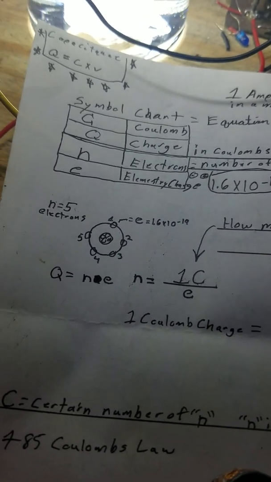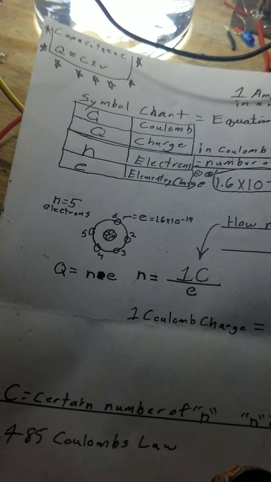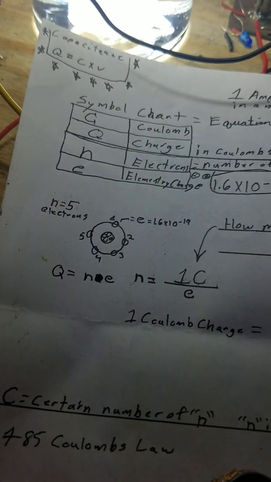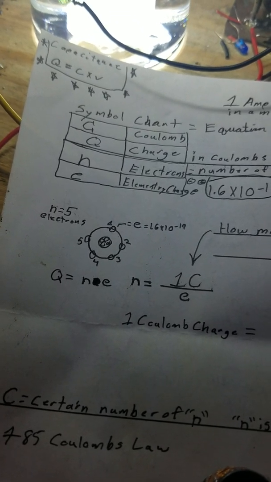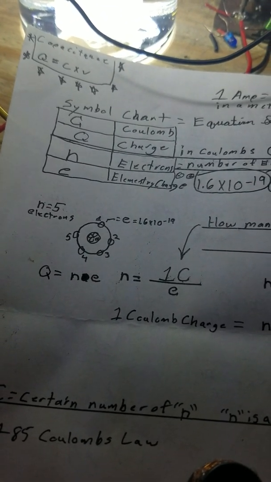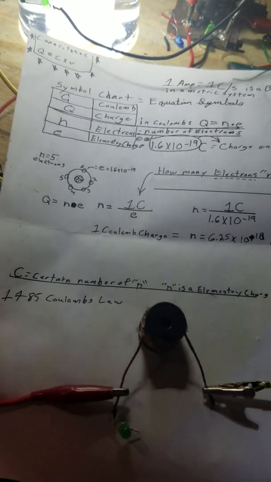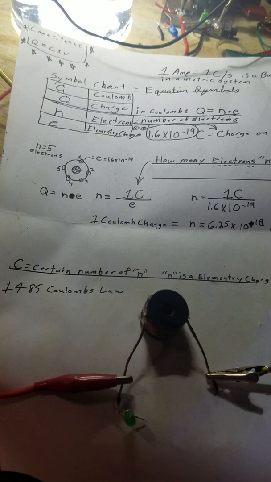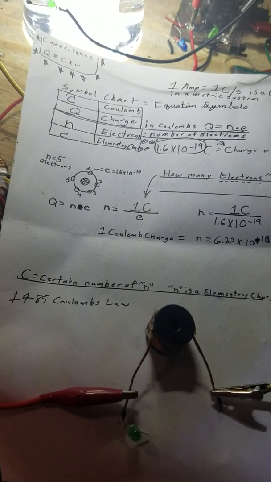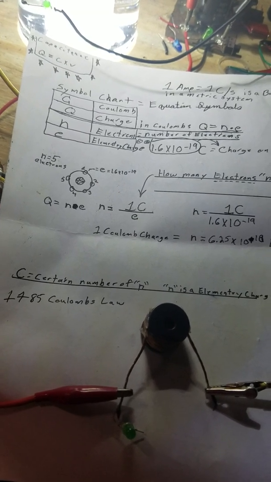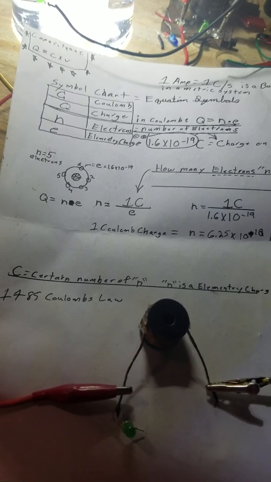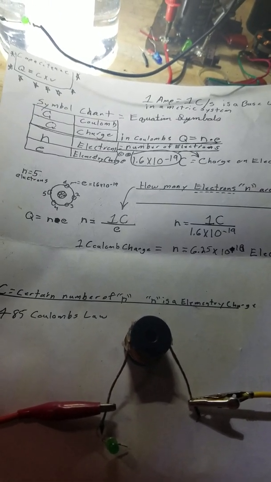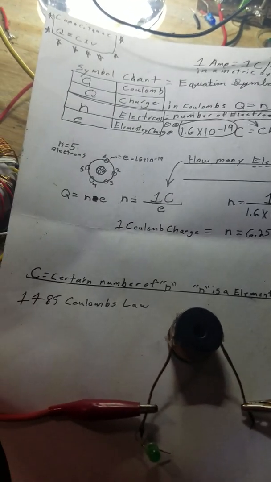A bolt of lightning has about anywhere from 5 to 20 columns. The column is a certain number of electrons. Electrons is the elementary charge.